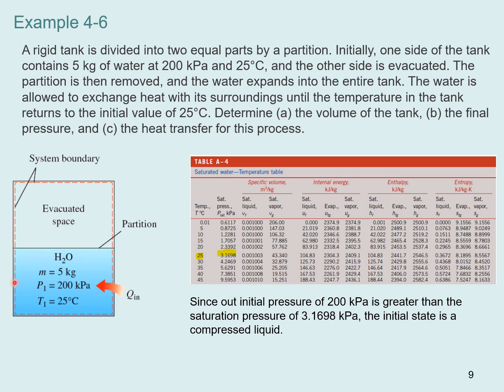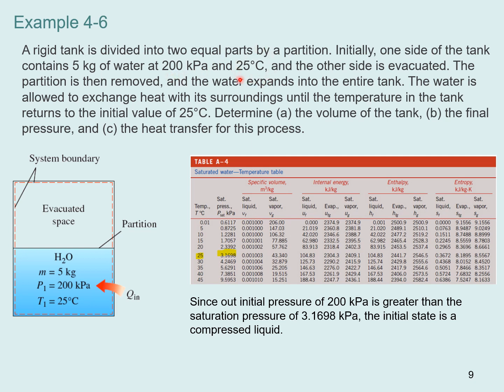So here, we're given the initial conditions shown here in blue. We really need to figure out exactly what our initial state is, though. And again, how we do that is we go to table either A4 or A5, depending on the information we're given. So here we're given the initial pressure and the initial temperature.